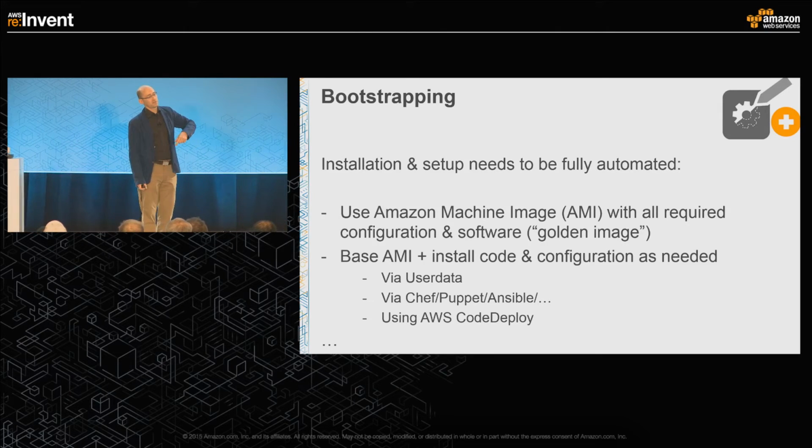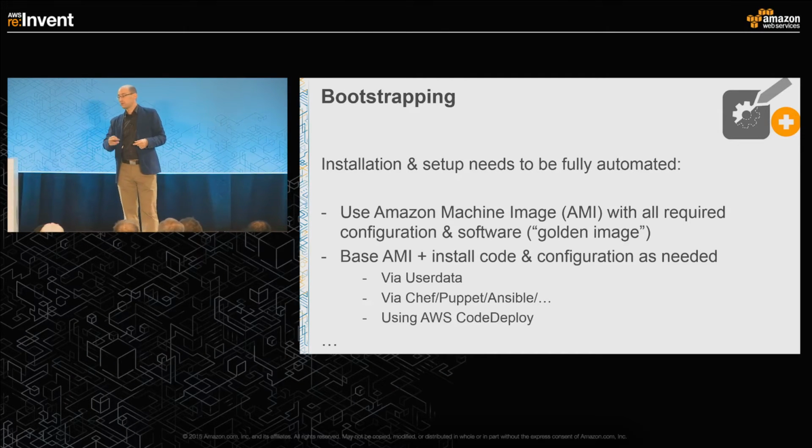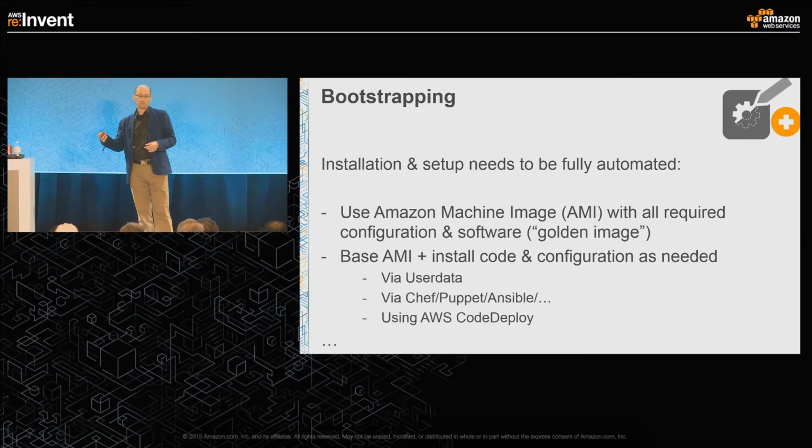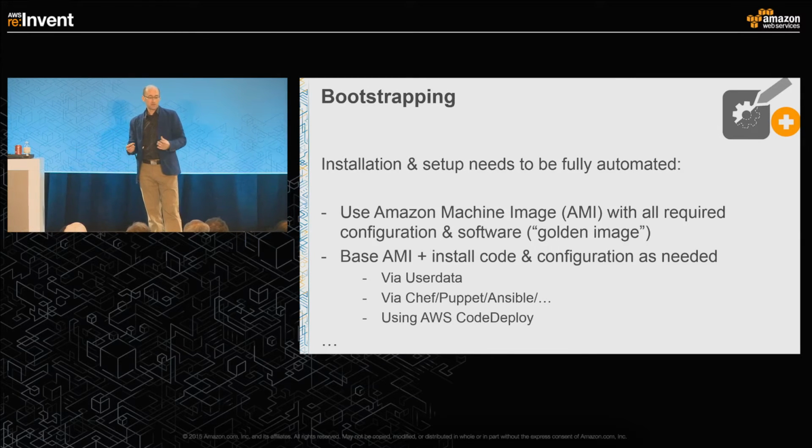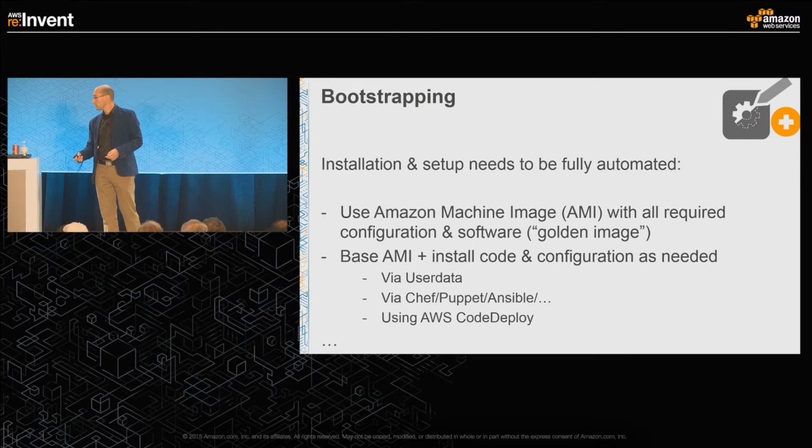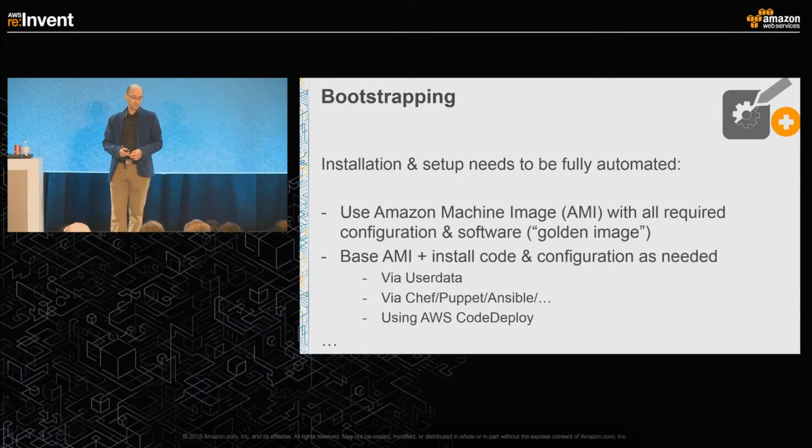Then in the user data script that you put in the launch configuration, you just need to reference the kind of role or task that this machine needs to fulfill, and then you can let Chef or Puppet or Ansible do the rest.